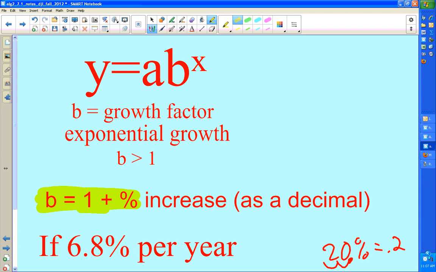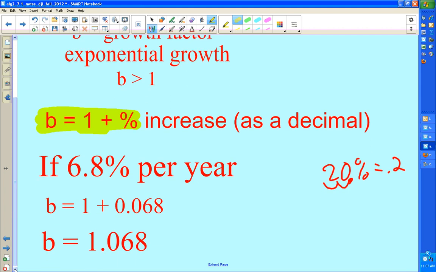So if you have a growth of 6.8% per year, then we're going to add the decimal value of 6.8%, 0.068, to the 1. And you're going to get a B value, a growth factor, of 1.068. Since that is greater than 1, if you were to graph this, your graph would increase from left to right.